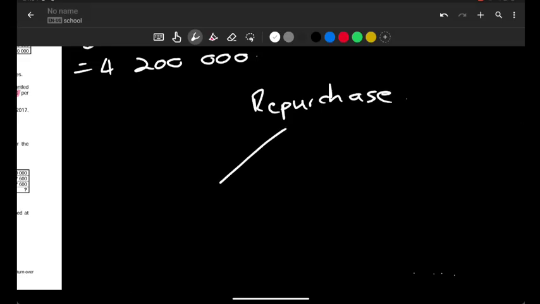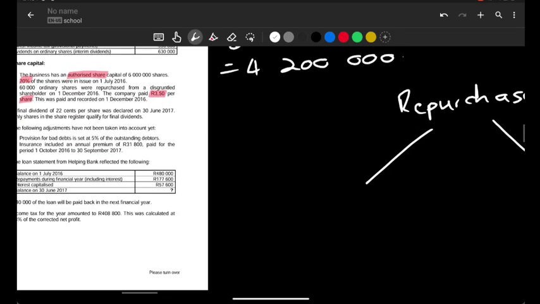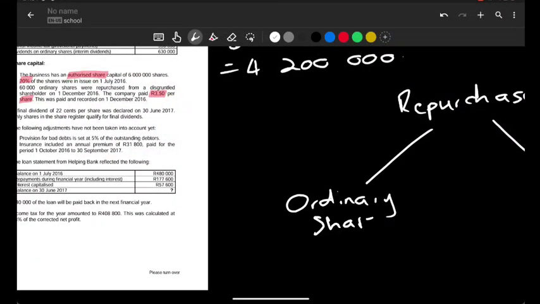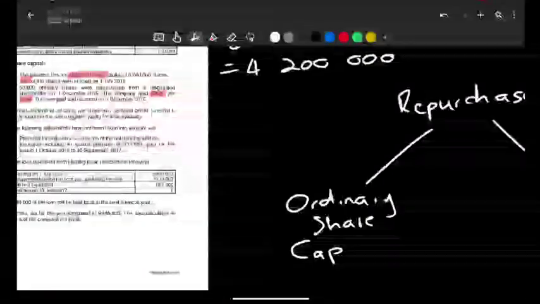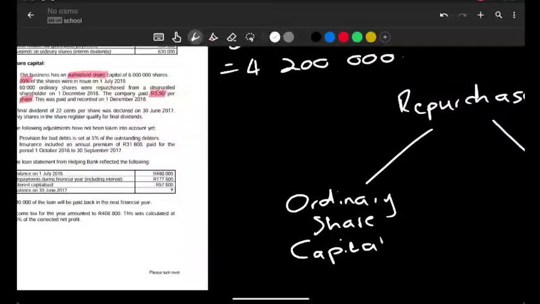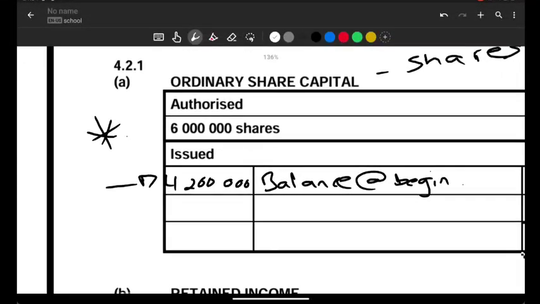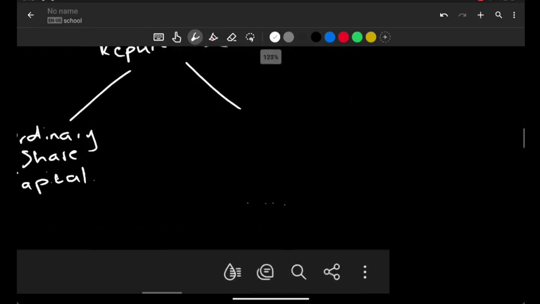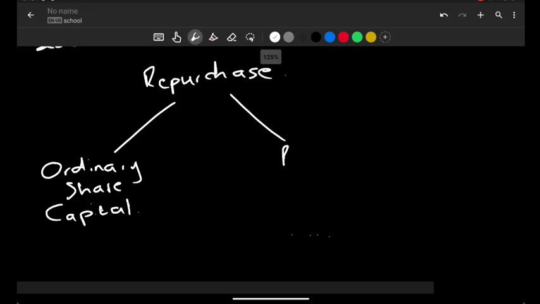But now this amount is divided into two. There's going to be an amount that goes to ordinary share capital, and this is going to be the average amount of the shares that we currently hold, right? This amount here. And then the rest of it is going to go to retained income, right?